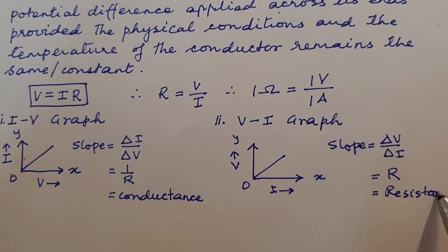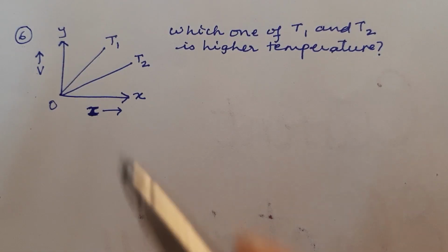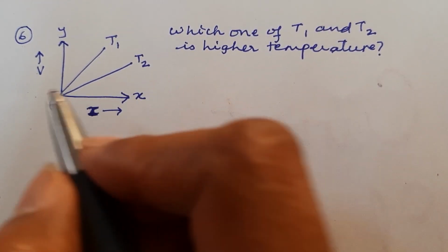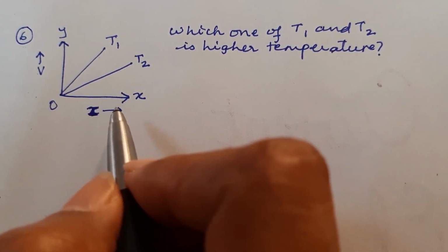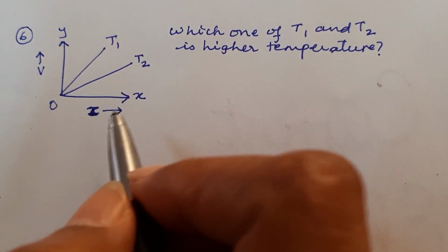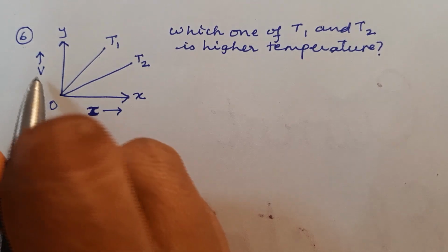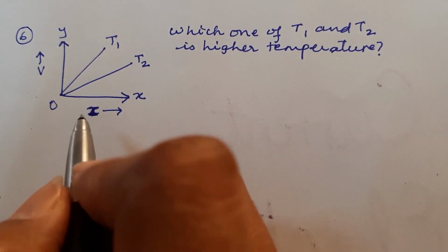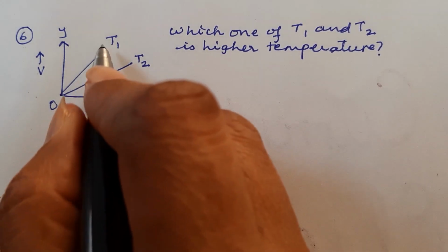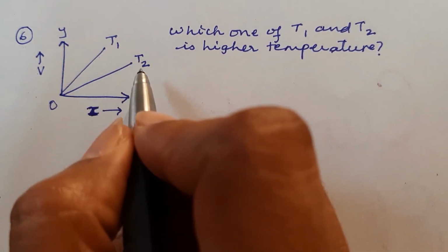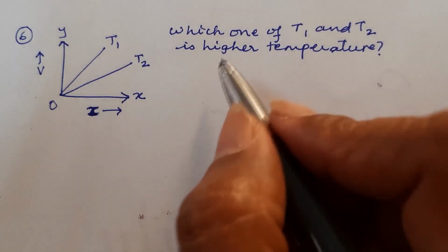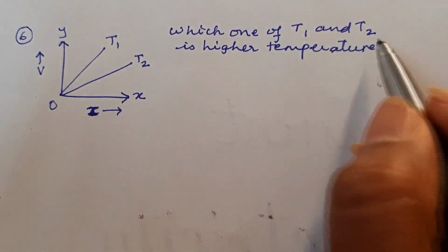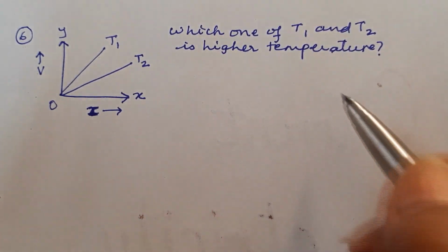Point number 6. Let us say that we have been given a graph and this is an application question on Ohm's law. On y-axis there is V and on x-axis there is I, and we are having two graphs over here. One is T1 and the other one is T2, and the question says which one of T1 and T2 is higher temperature.